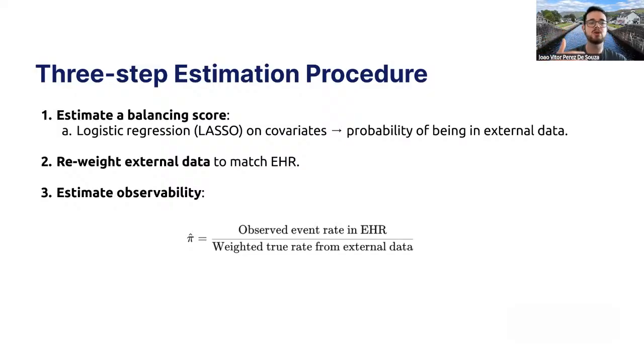Instead of saying that your outcome would be the 10% that we talked about, using that weighted true rate from the external data, maybe that turns out to be like 7%, right? And that is going to be really meaningful when you want to build those retrospective cohorts.